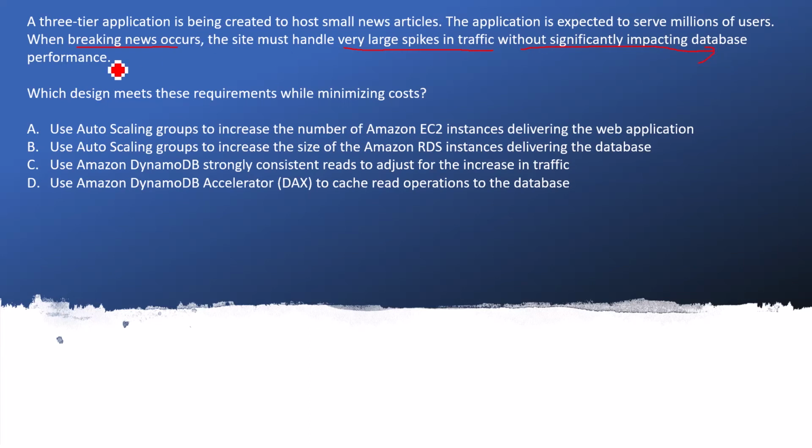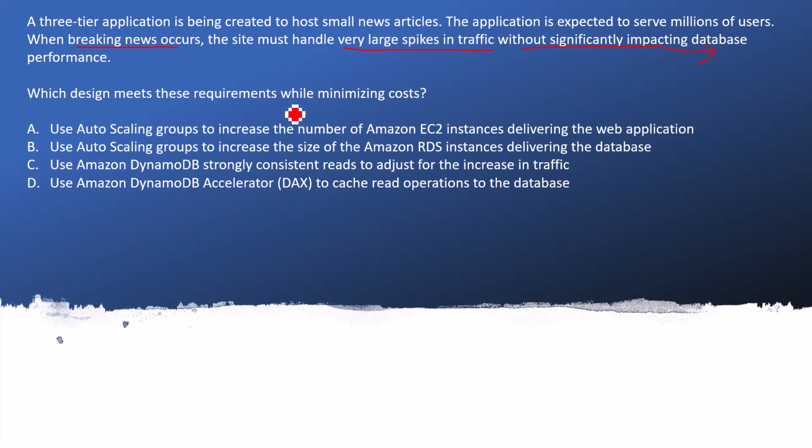When you have breaking news, that data is saved into the database and millions of users are coming at that time. The data needs to be pulled from the database. So the question itself is trying to say that whatever option we choose must be related to that database.